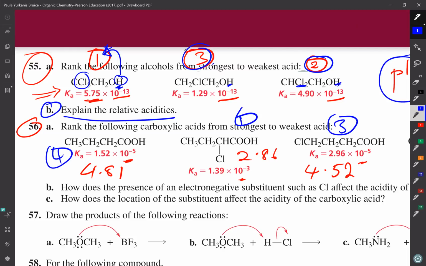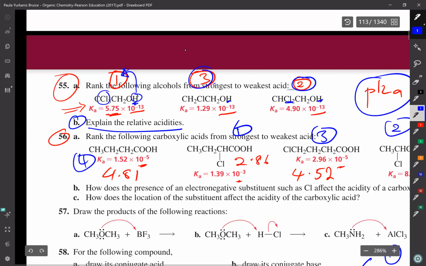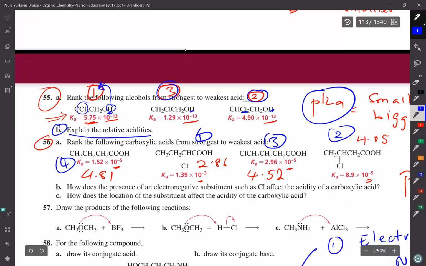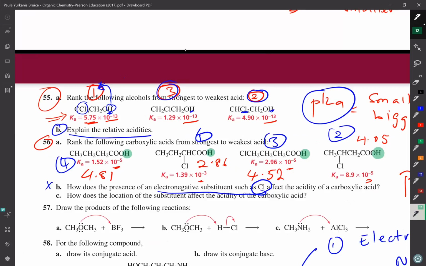Now, in 56, 56b says, how does the presence of electronegative substituents such as chlorine affect acidity? This is our acidic hydrogen here. This is where distance becomes important.